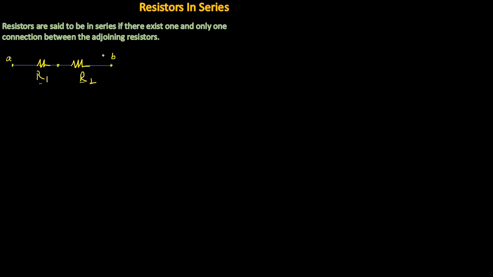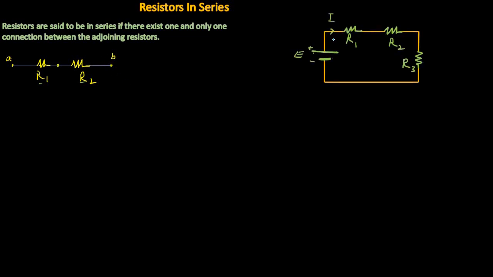Now to understand the series combination of resistors in more detail, let's take an example in which a battery source is connected in series with three resistors R1, R2 and R3, and there is current I flowing in this circuit. For a series combination, there exists only one path for the current, so the current through this series combination of resistors will be the same.